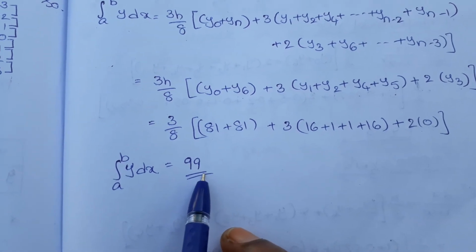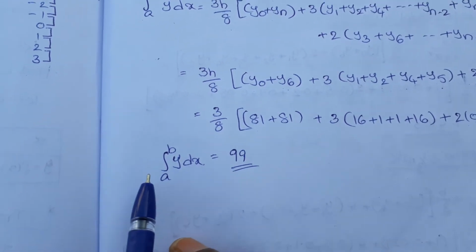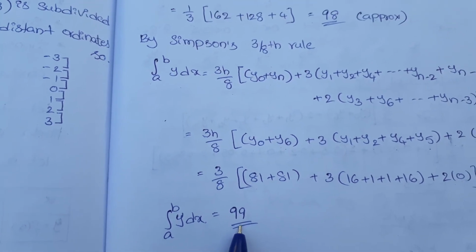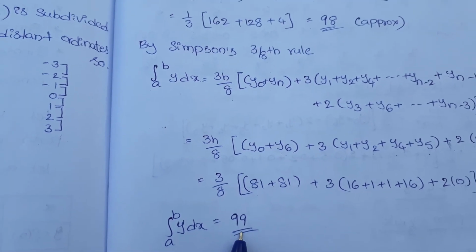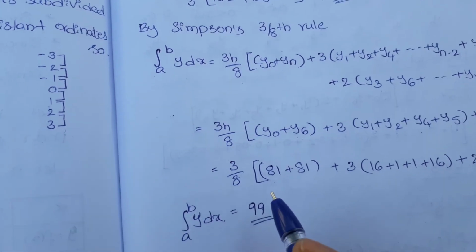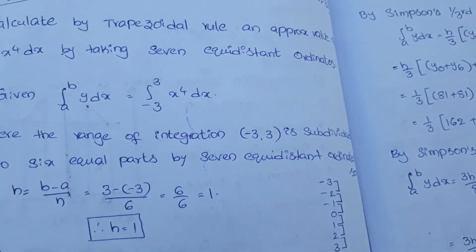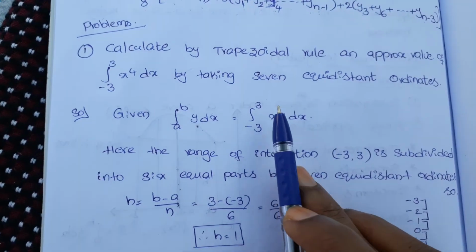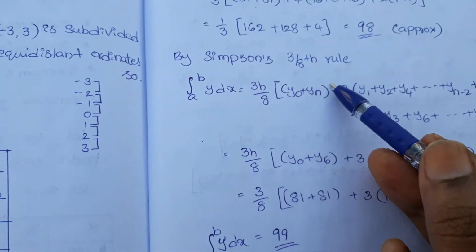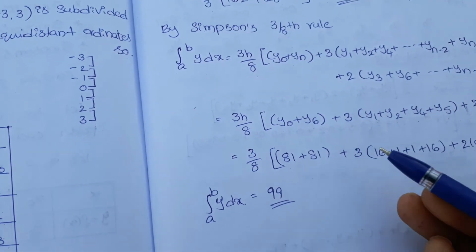After simplification we get the answer 99. Integral a to b y dx is equal to 99. This is the integral value of the given function, x power 4 from minus 3 to 3, by using Simpson's 3/8 rule. So this is the final answer.